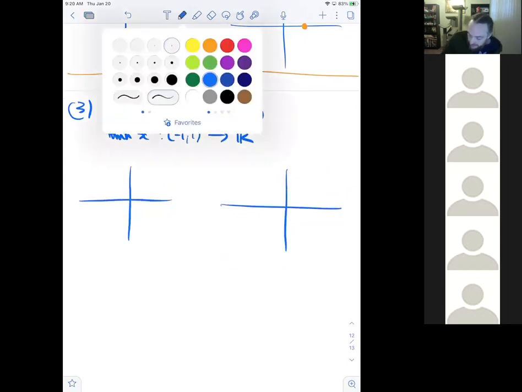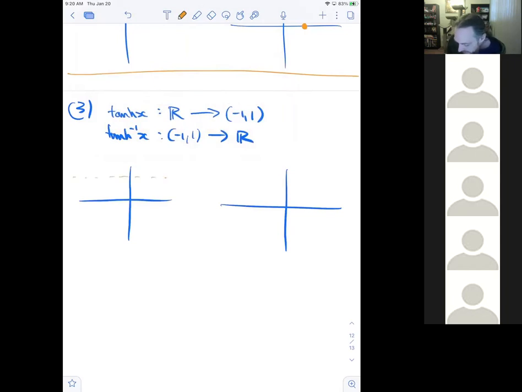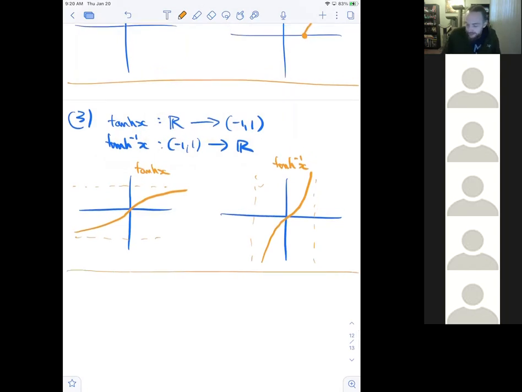It's what we get if arctan looks like this. So this is tan hyperbolic x, and this is tan hyperbolic inverse of x. They do look awfully similar to the polynomials and trigonometric functions, but these are the hyperbolic functions and their inverses.